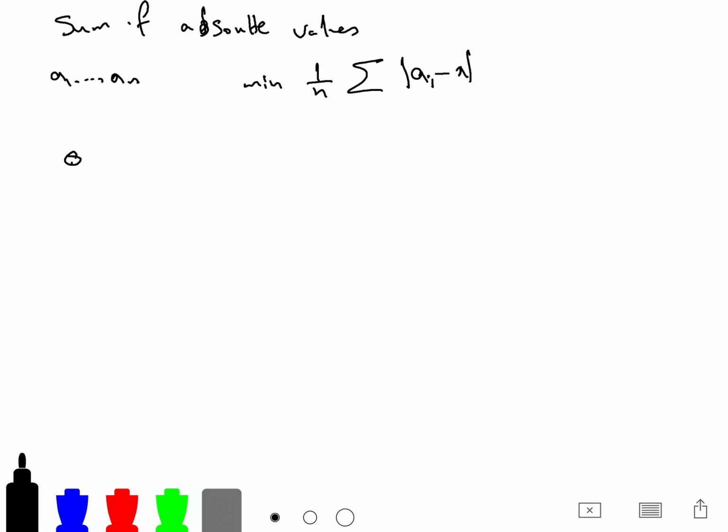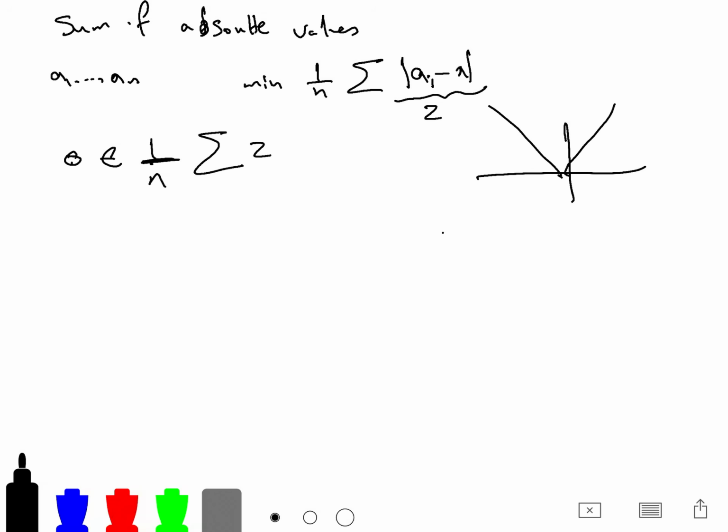You just need to say that 0 is inside the subdifferential. The subdifferential of this non-smooth function is simple because it's a sum of functions of z, which is everywhere differentiable except at 0, and at 0 you have many different subgradients.